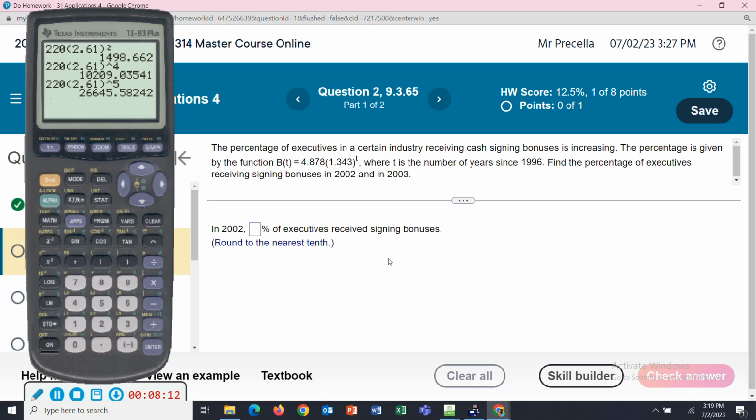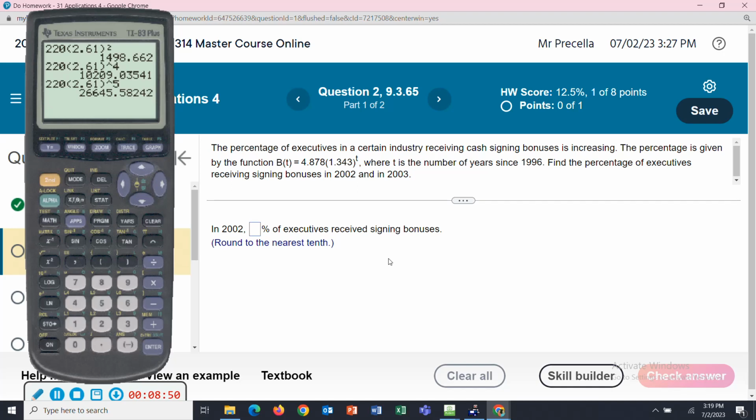Number 2. The percentage of executives in a certain industry receiving cash signing bonuses is increasing. The percentage is given by the function b of t equals 4.878 times 1.4343 to the t, where t is the number of years since 1996.